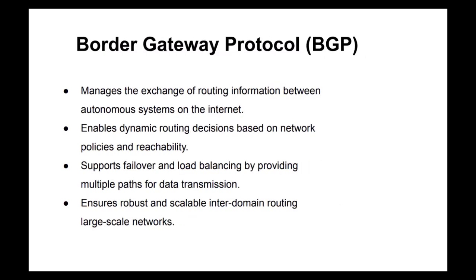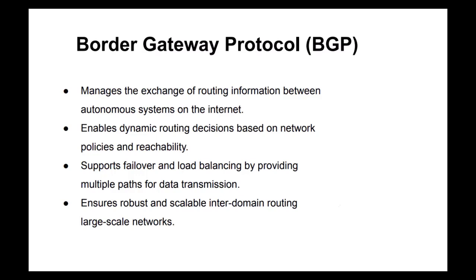Next, we're going to discuss the Border Gateway Protocol. You might see this abbreviated as BGP. The Border Gateway Protocol is a very important cloud networking protocol that we use to exchange routing information between autonomous systems on the internet. It allows routers between different businesses and organizations to update their dynamic routing tables.